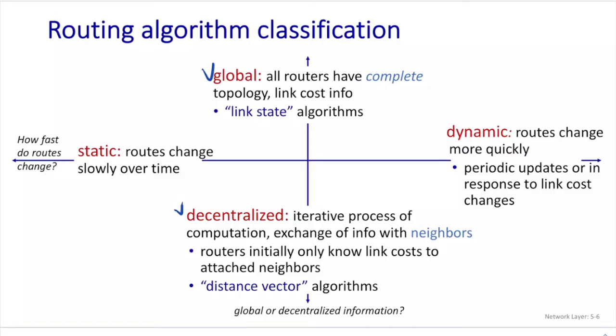So for those routers, we can compute the routes and they will not change too often. But in the internet, some routers might go offline, or have a power shortage, or some outage might happen. So routes may change quickly, and I have to run the algorithm more often.